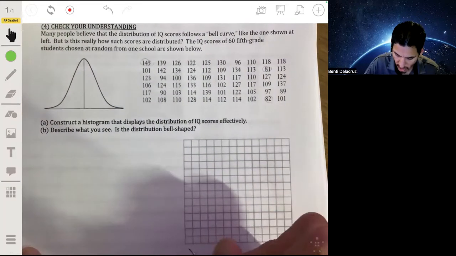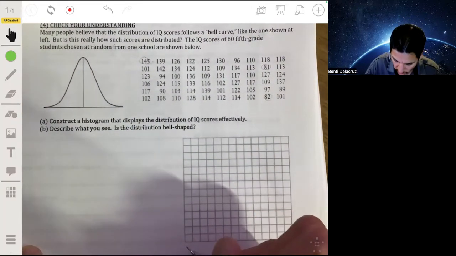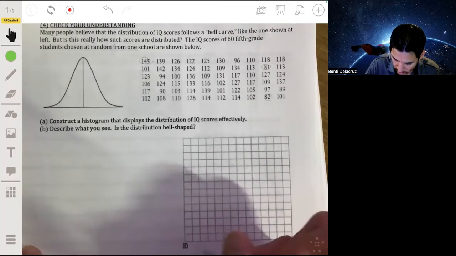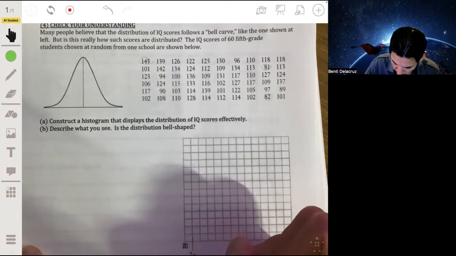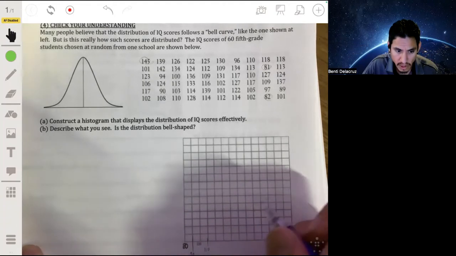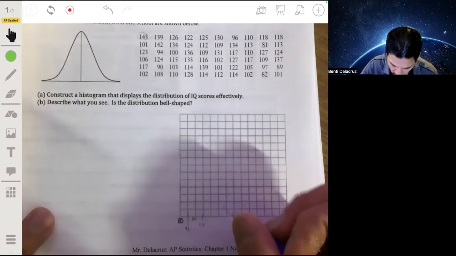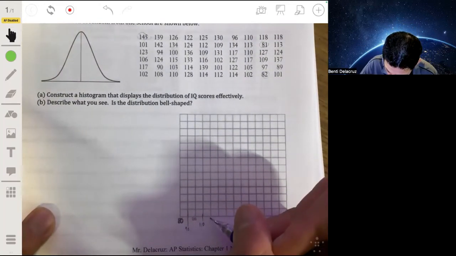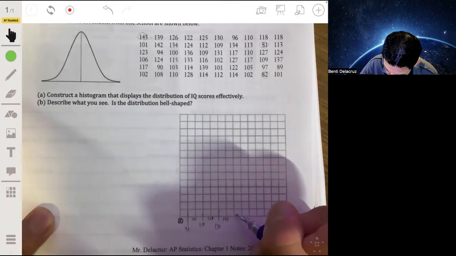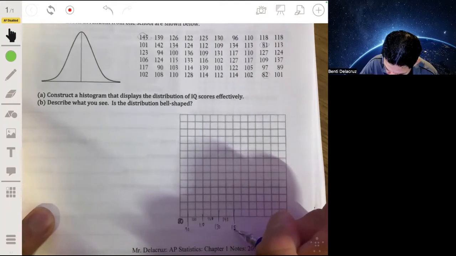So on this axis, our IQ scores, 80 will be that value. 90 will be this. That'll be 100, 110, and so forth, 120, 130, 140, and 150.